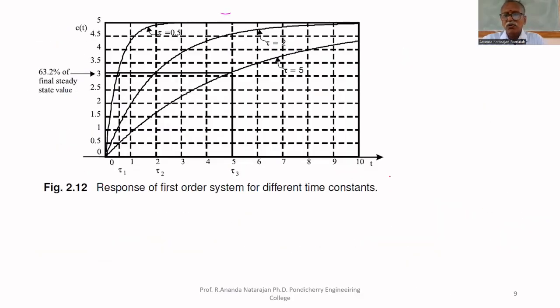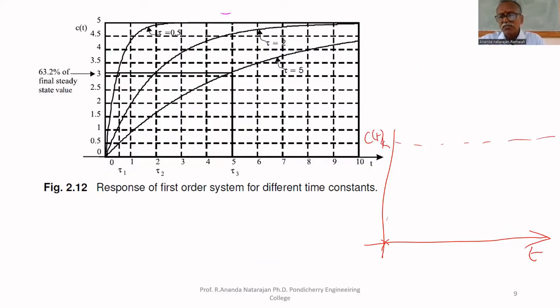So the step response C of t starts at 0 and ends at K, and the response will look like this. Up to infinity, it remains at K.